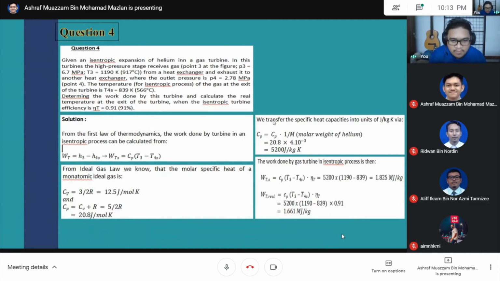With this, we find the real Wt using the formula Cp times T3 minus T4s times the isentropic efficiency, which equals 1.661 MJ per kilogram.